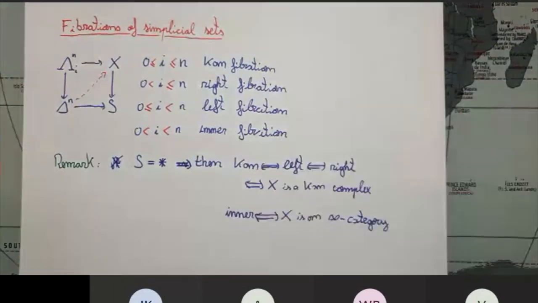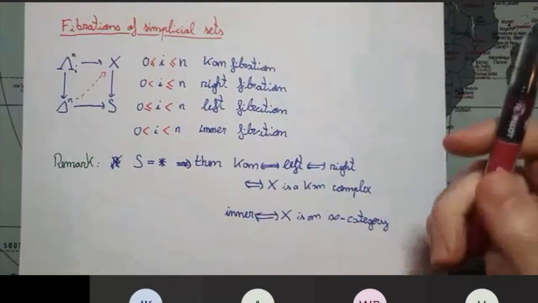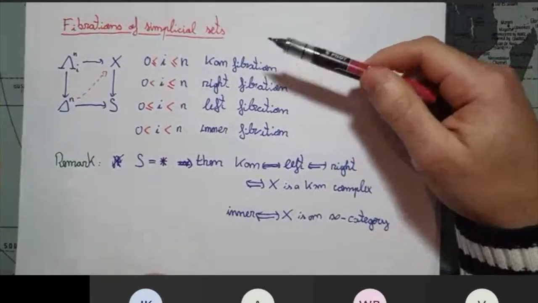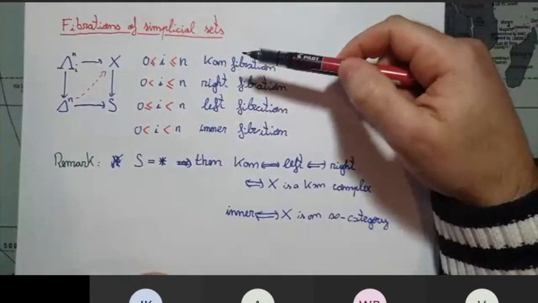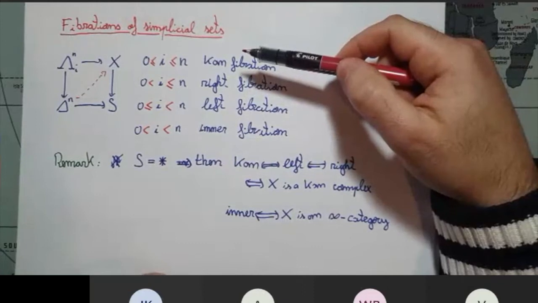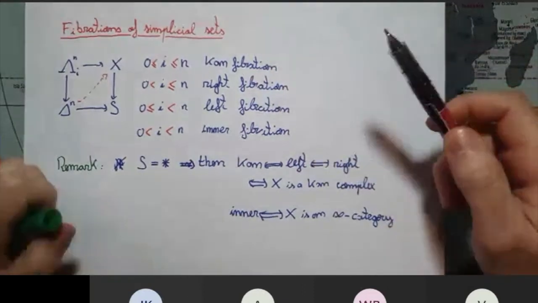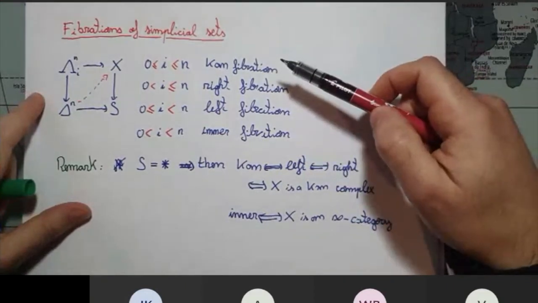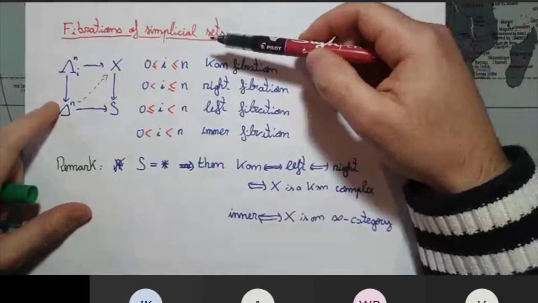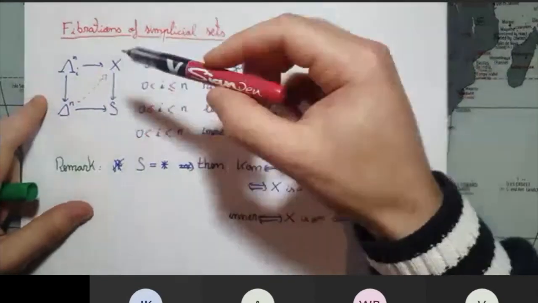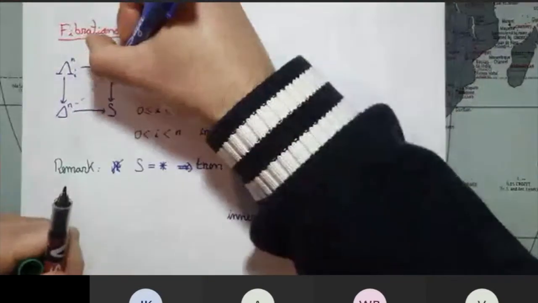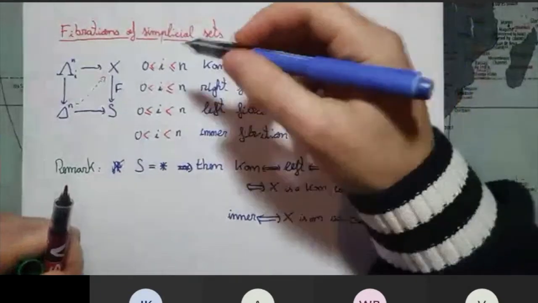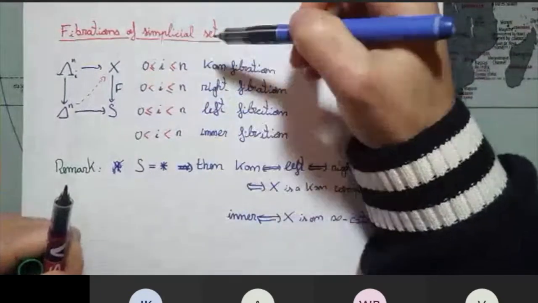Okay, so now for infinity categories, we need right fibrations. Since I think last day we already talked about fibrations, I already have it written. So in terms of lifting property, if we can lift all the horns of the map F, a morphism of simplicial sets, then F is a Kan fibration.